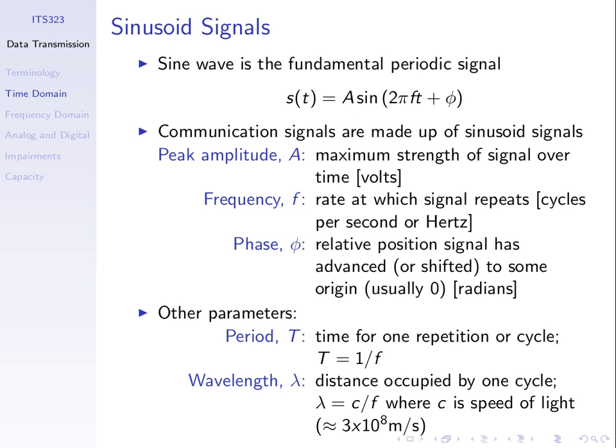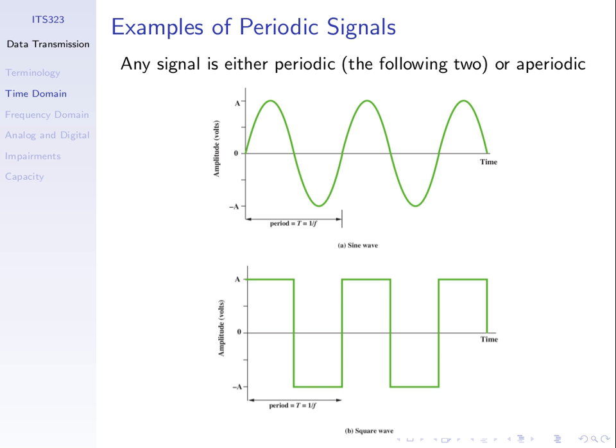So when we want to send a signal from A to B, we need to construct a signal that meets certain requirements. We'll see the requirements later, but the people who design the signals to be transmitted design them and analyse them from the perspective of looking at them as sinusoids, as sine waves.